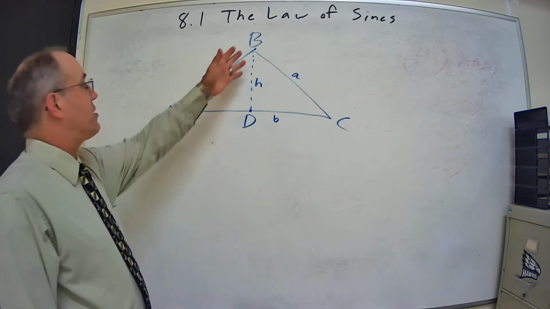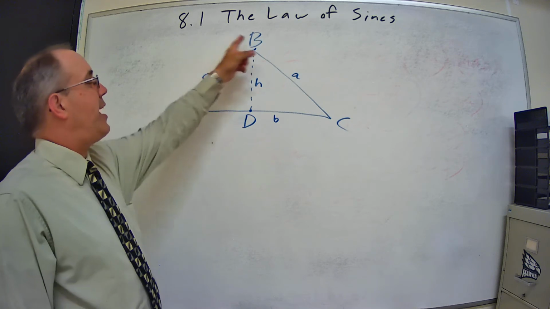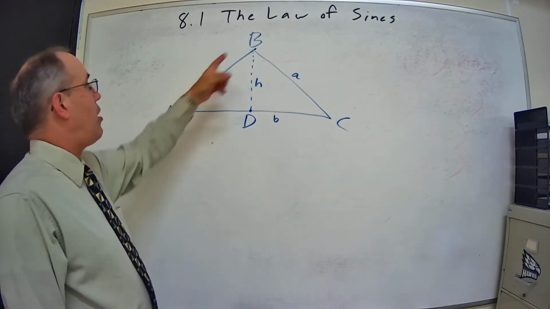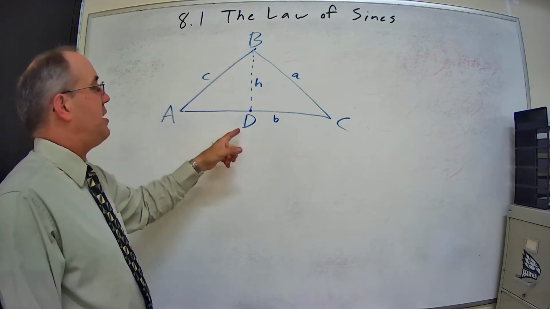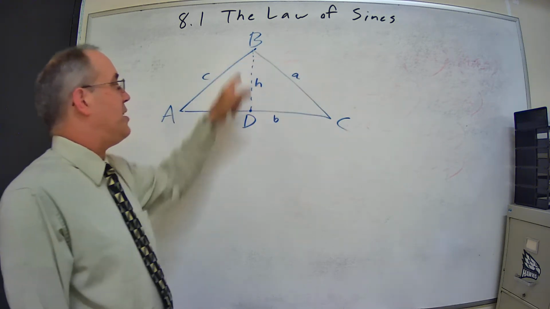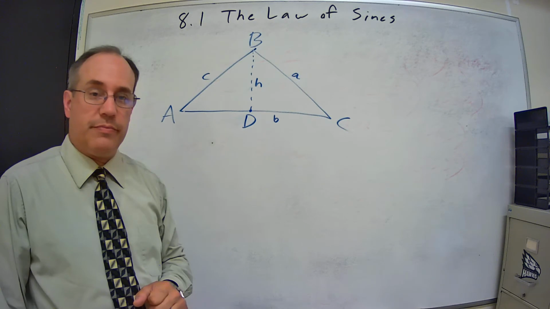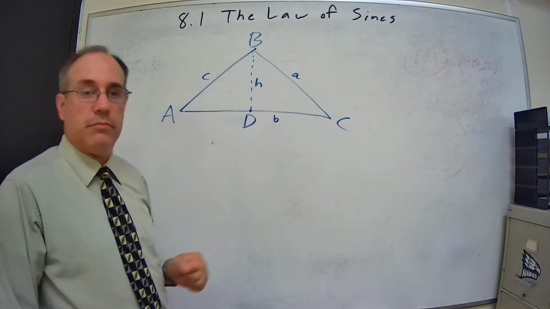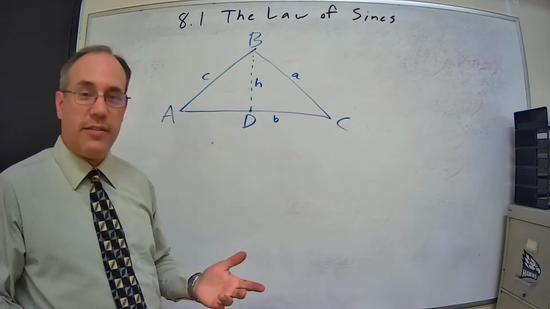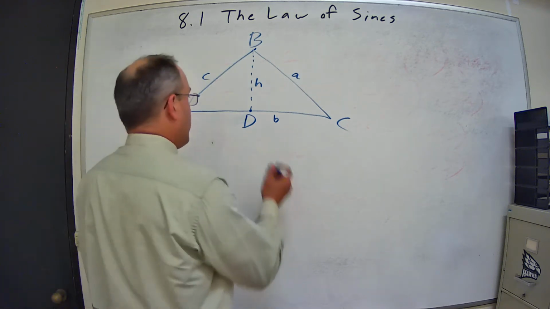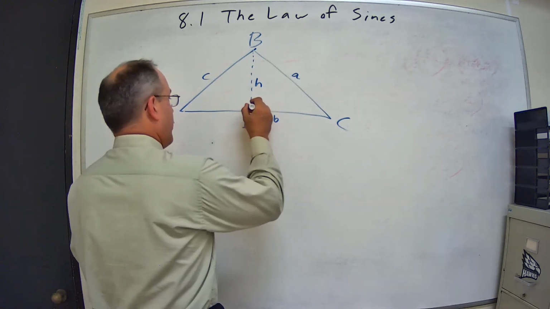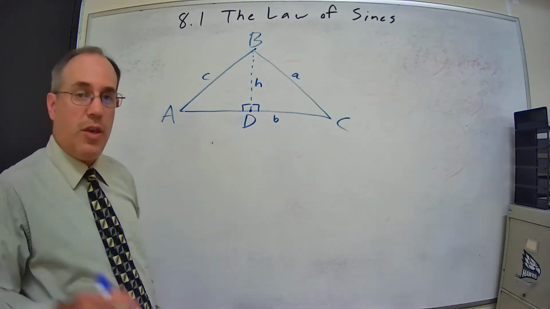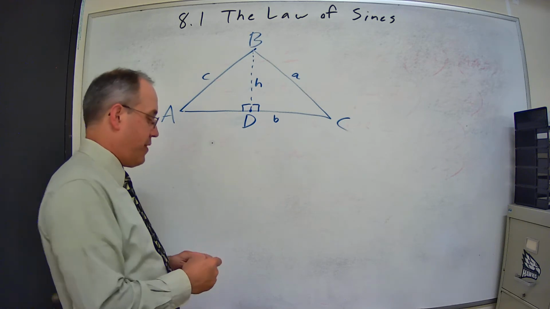So now we can see that I have my main triangle ABC, but I also have created two smaller triangles, ABD and CBD, both of which share h, the height. And those are right triangles, which is what we're going to use to our advantage.